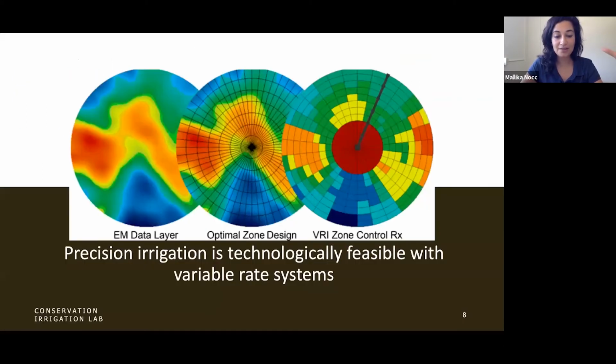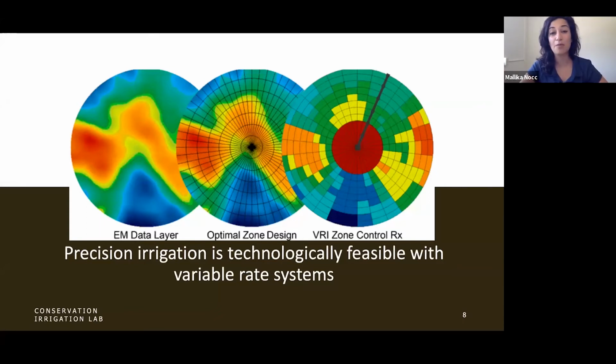So thinking about precision irrigation, it's now technologically feasible, right? There are these variable rate systems out there, especially in areas that are using center pivot irrigation. It's very much technologically feasible to do precision irrigation. Here in California, it's becoming more and more feasible as folks are installing these variable frequency drives.